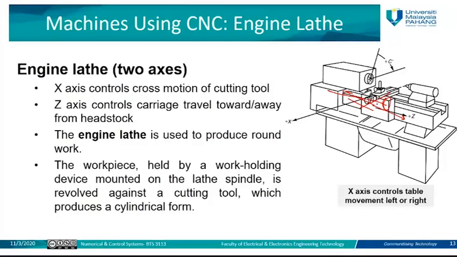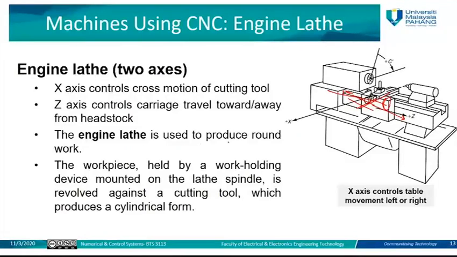Instead of a human moving this part left, right, front, back, there will be a program written using G code or N code and so on. It will define how this machine will move either left, right, front, back, up, down, and so on. So the programming is more about the axes or the Cartesian points of this machine.